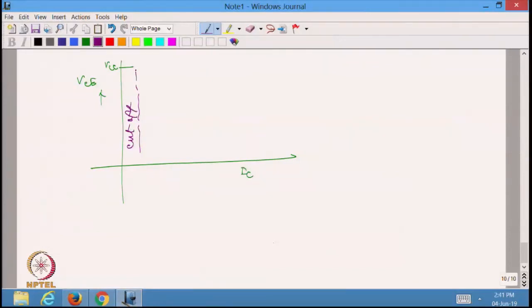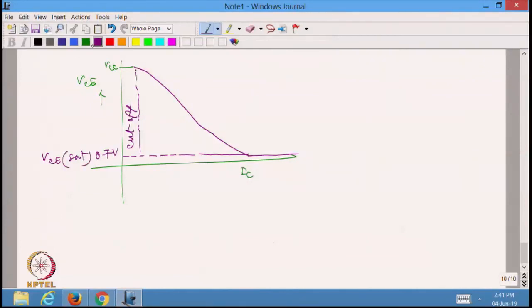right. Whereas, I am going to see slowly the reduction in VCE, and it is going to come to a minimum value. So, this is going to correspond to VCE equal to 0.7 volts approximately, which is VCE saturation, right?